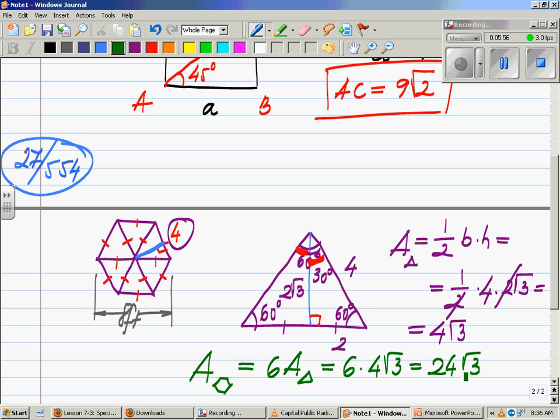Well, 24 square root 3 of what? That's important. Inches, centimeters, what kind of feet? Smelly feet, square feet, absolutely. Alright, this is it.